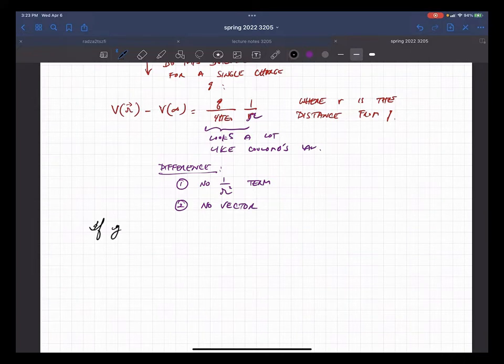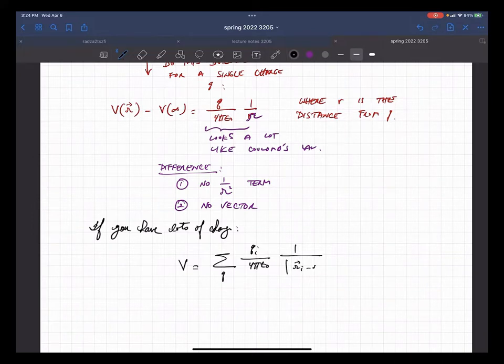So if you have lots of charges, the potential is the sum over all these charges of Q_i over 4 pi epsilon naught, 1 over the absolute value of R_i minus R. Basically, that's the distance from the new charge to any one of the old charges sitting around.